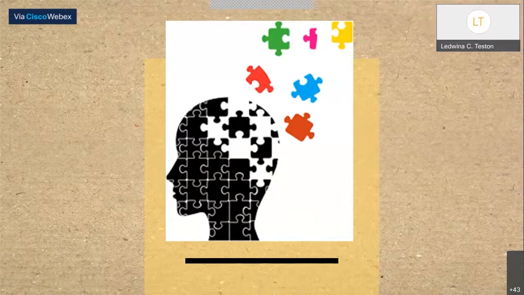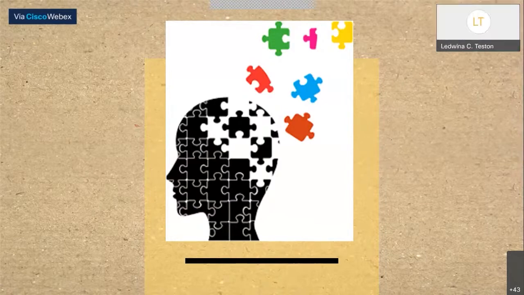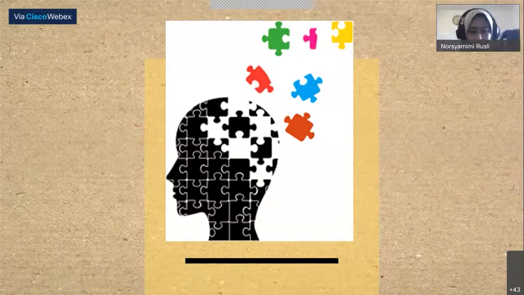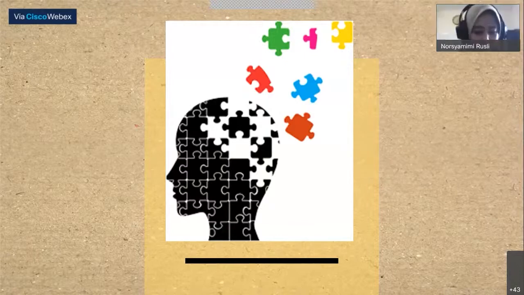And how does proprioception affect motor skills? Since it has something to do with the sense in the muscles and joints, in terms of motor skills, it helps in movement of the body.